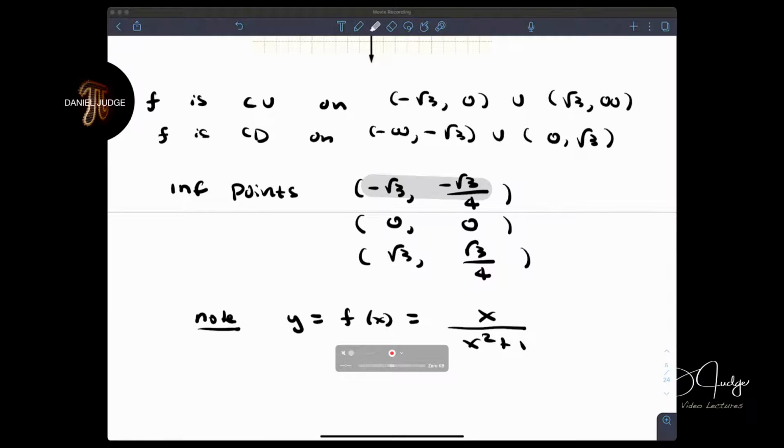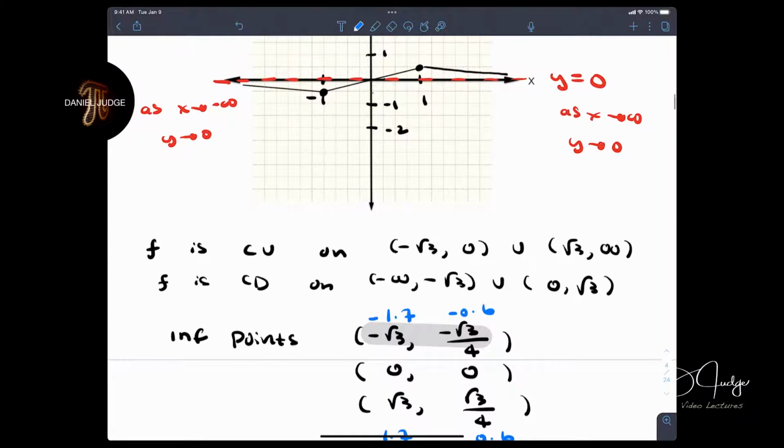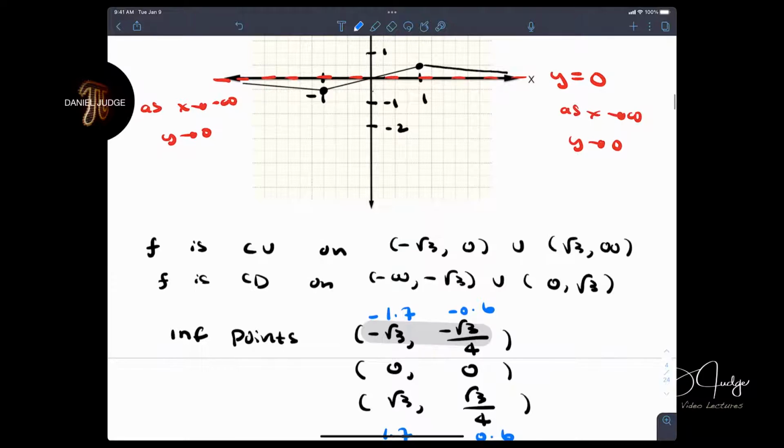It's negative 0.6. So I'm going to approximate this here. Negative 1.7, negative 0.6. Positive 1.7, positive 0.6. Because square root of 3 is about 1.7. It's just a rough estimate.